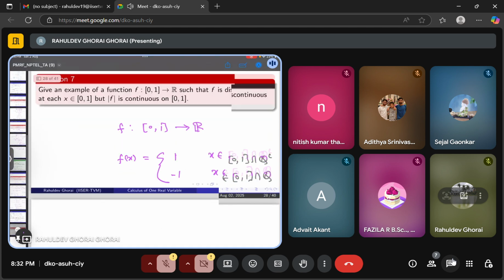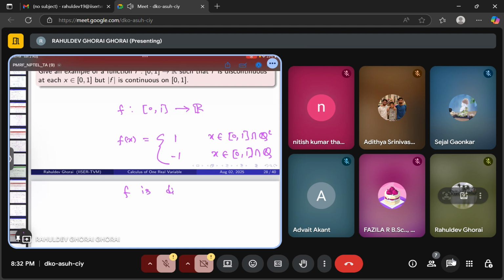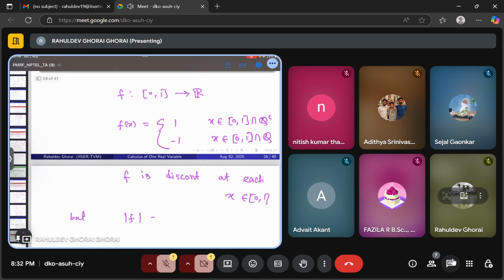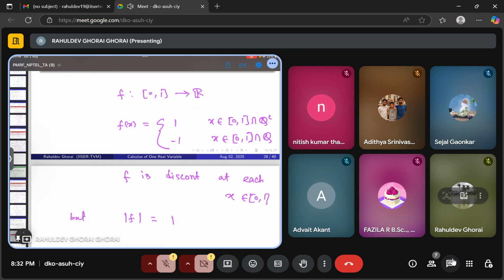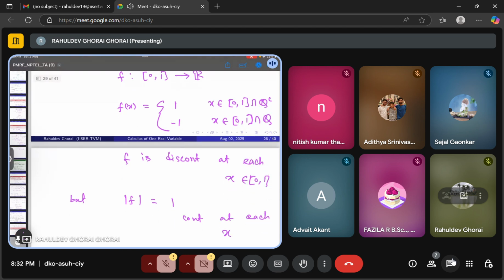So this function f is discontinuous at each x belongs to 0 to 1. But what is modulus of f? Modulus of f, no matter whatever x, where does it belong, it will be 1. It's a constant function, right? So it is continuous at each x belongs to 0 to 1. Is it okay?